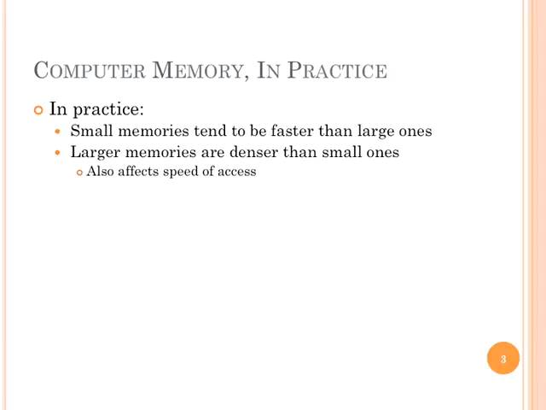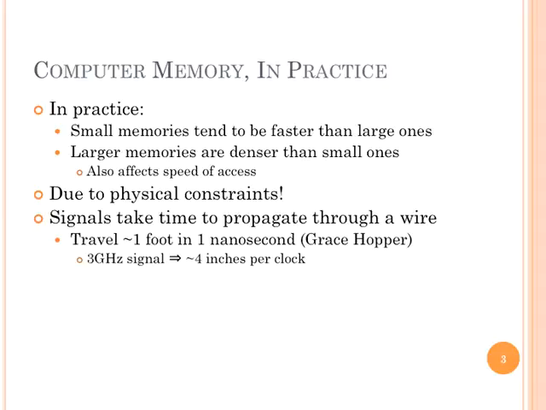And as you increase the density, that also affects the speed of access. The speed of access actually goes down as well. If you only had one technology for storing information, then you would use it. But we have several different technologies, and so we use the larger, slower, denser ones for doing this larger data storage.